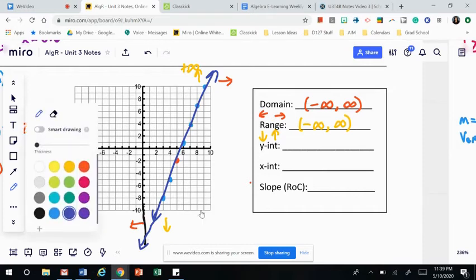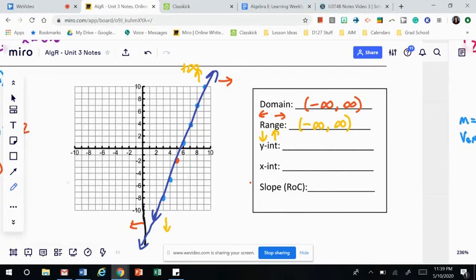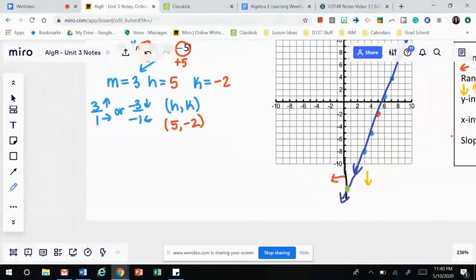But what I do know is that value is where x is equal to 0. So in order to find the y-intercept, I can substitute 0 in for x and solve for y. Let's do that over here.